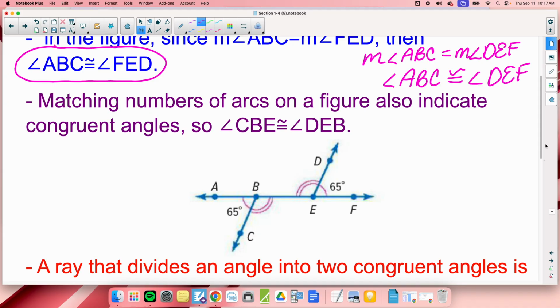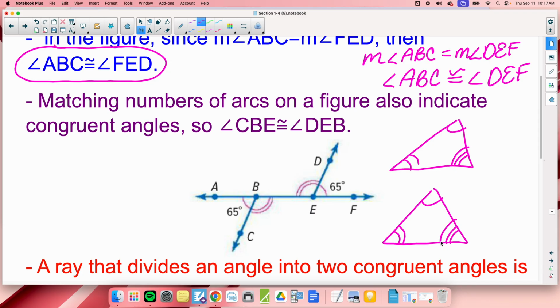Later on this year, we're gonna talk about something called congruent triangles, and maybe this angle and this angle are congruent, so we put one arc in each of them. If this is congruent to that, we do 2 arcs in each. If this is congruent to that, we do 3 arcs in each. So you could have 5 sets of congruent angles, but you just keep adding another arc to it.